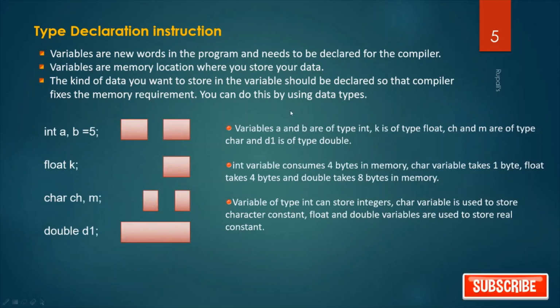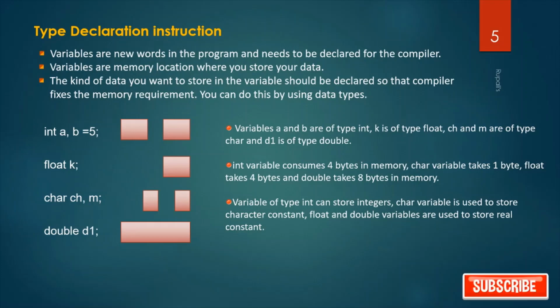So see here, variables a, b are of type integer and k is of type float, ch and m are of type character and d1 is of type double. Int variable consumes 4 bytes in memory, character variable takes 1 byte in memory, float takes 4 bytes and double takes 8 bytes in memory.